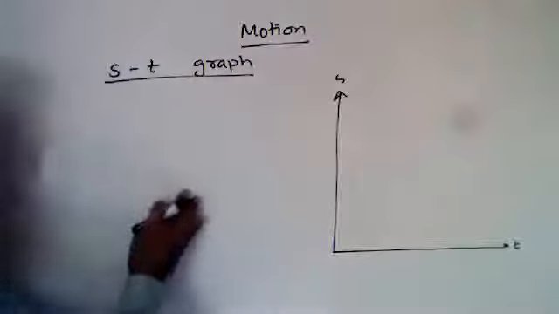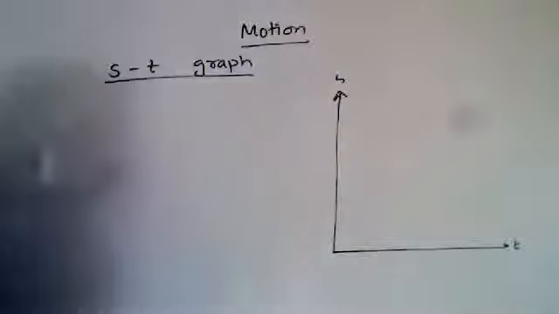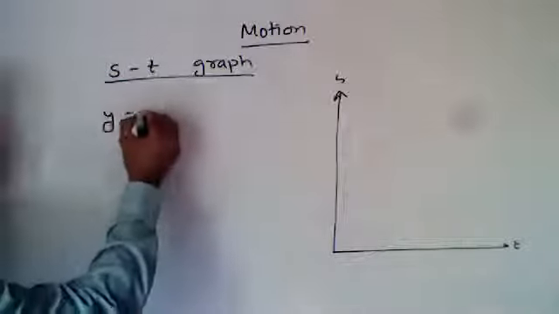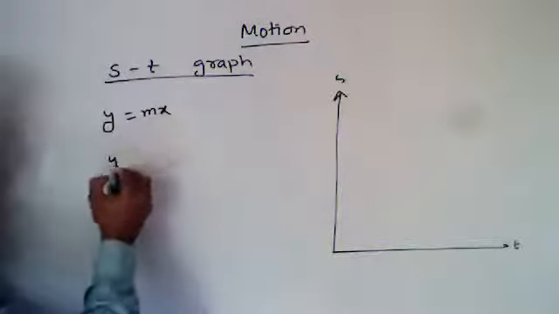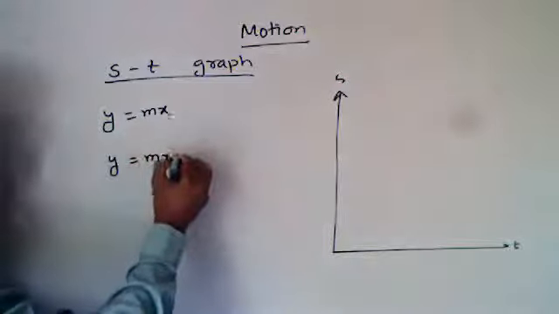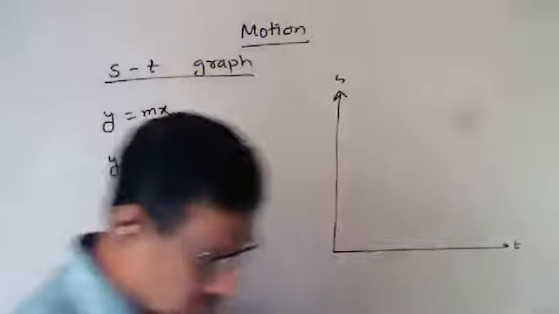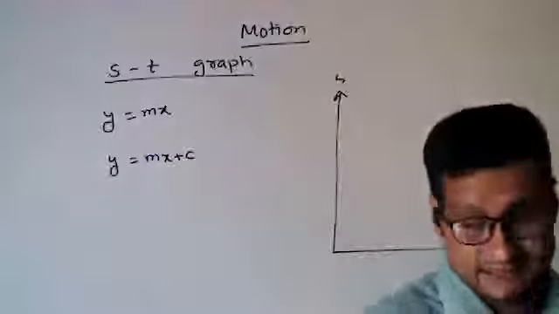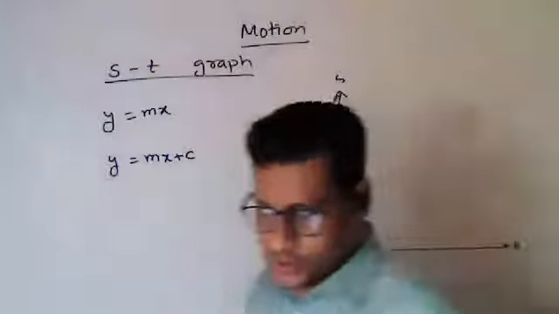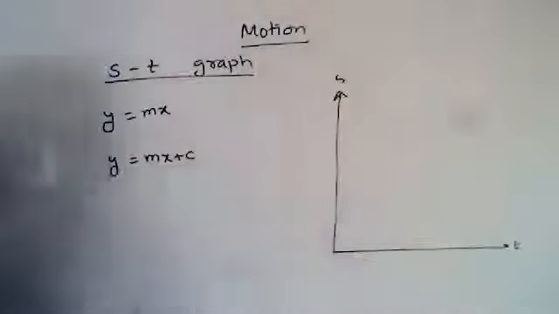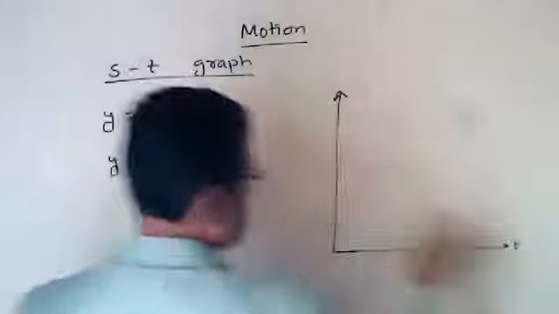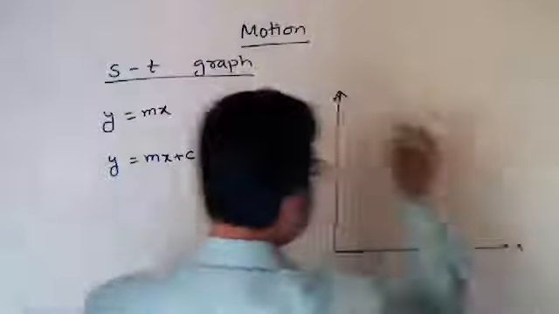Another thing is important here. You have to remember y equals mx and y equals mx plus c. Y equals mx is a straight line equation which goes through the origin. Suppose this is the x and this is the y.